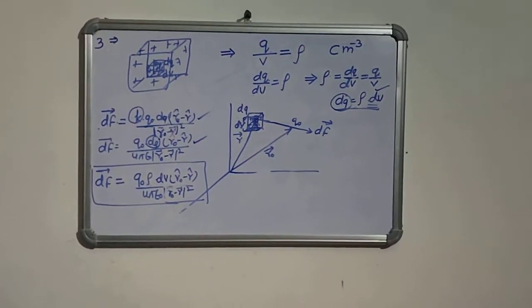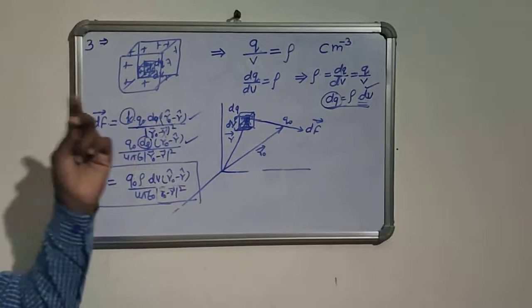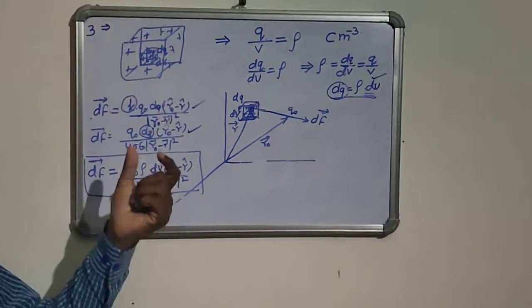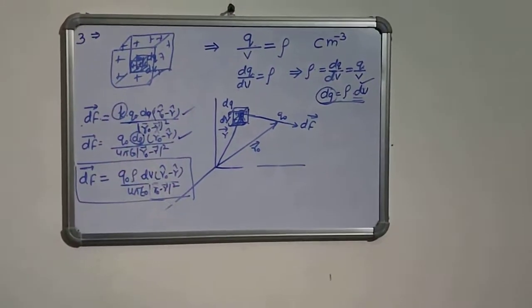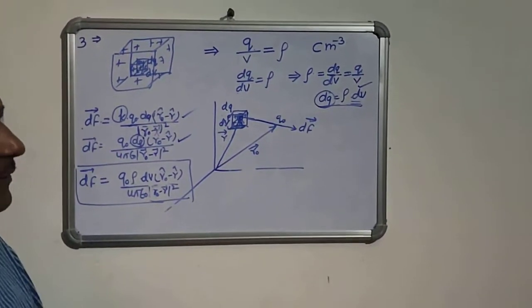And now the fourth is the discrete form. In the previous class I taught the superposition principle. The total expression of the superposition principle can be put here, with the discrete distribution of charge.